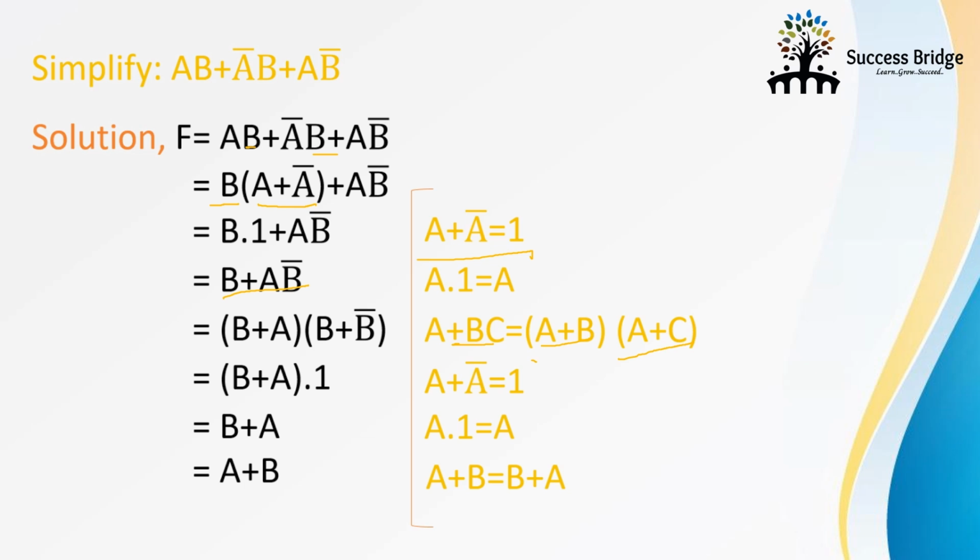As we know, B plus B bar equals 1, so it is B plus A into 1, that is B plus A, which is equivalent to A plus B from the commutative law. Then we can write A plus B. This is our final minimized Boolean expression. Without changing its functionality, we can minimize our logic.